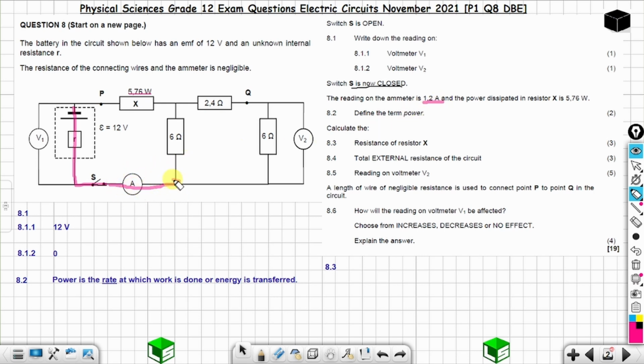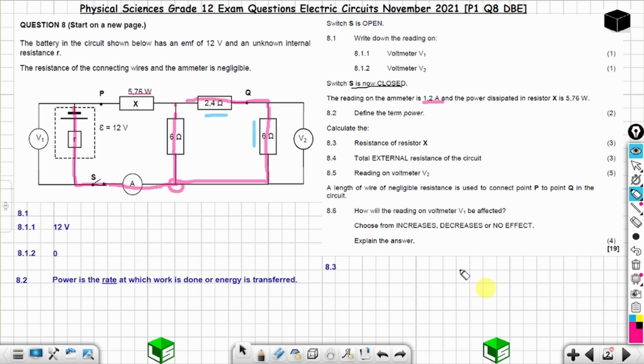The current will divide at this node. Some of the current will flow through this resistor and some of the current will flow through this resistor and then after that through this resistor. You can see the 2.4 ohm and this 6 ohm resistor are connected in series.